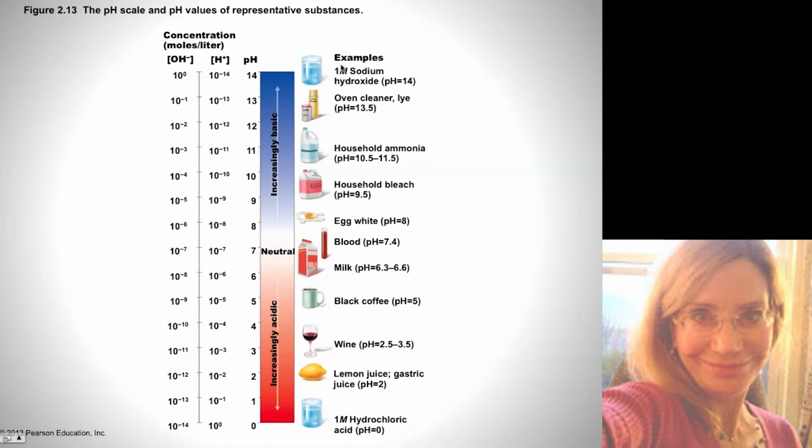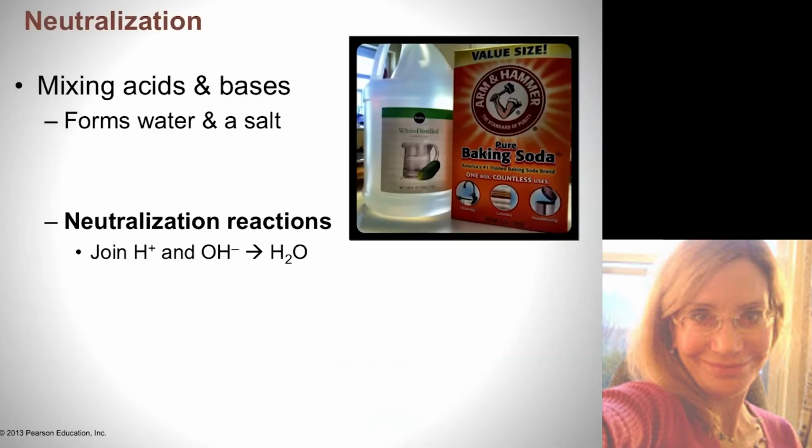And in either extreme, whether it's hydrochloric acid or stomach acid or something like oven cleaner or sodium hydroxide, these are caustic to human tissues. So pH is really important in our internal environment and external environment.